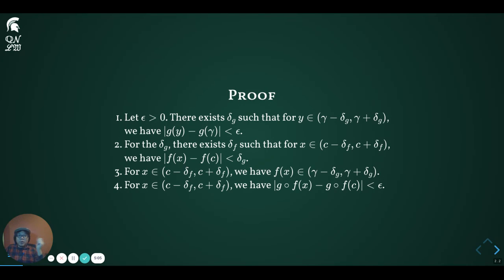Chaining this together, we see that if the input to f is within delta sub f of c, the output will be within the tolerance required by g, which means that the composite output will then be within epsilon of g of f of c. And since epsilon is arbitrary, this shows that g composed with f is continuous at c.